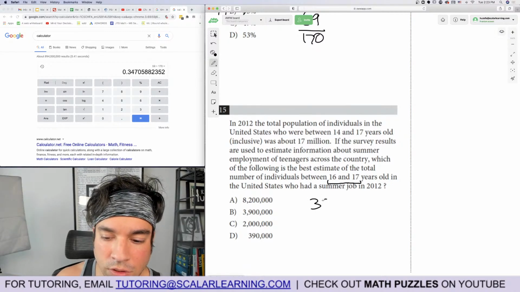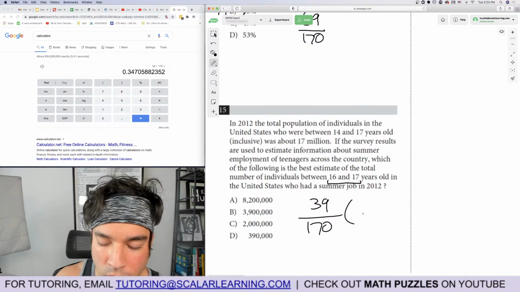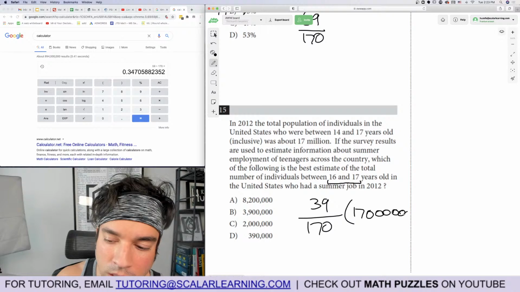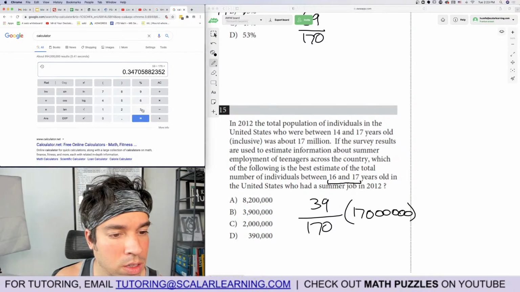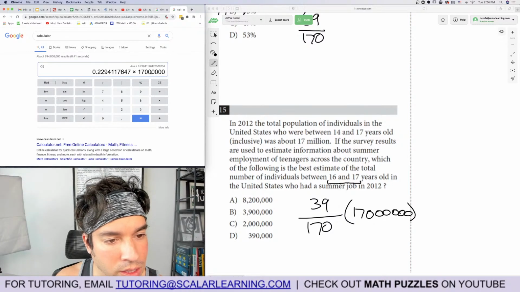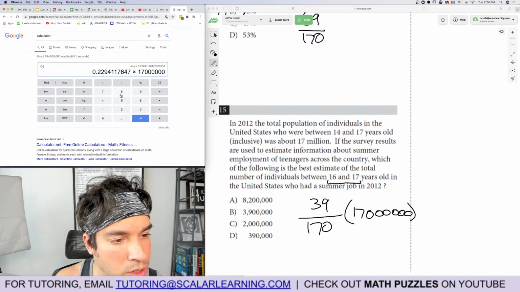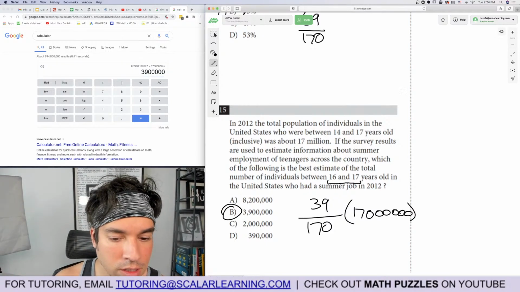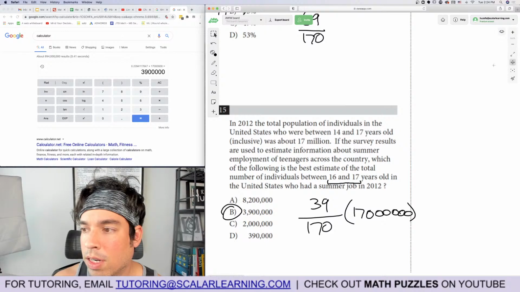So we take the fraction of 39 out of a total of 170 and then multiply it by the total, because it's that fraction of 17 million. Times 1, 2, 3, 4, 5, 6. Double check the numbers because we're relying on the calculator. Make sure everything looks good. And we got 3.9 million. Nice. All right, next.